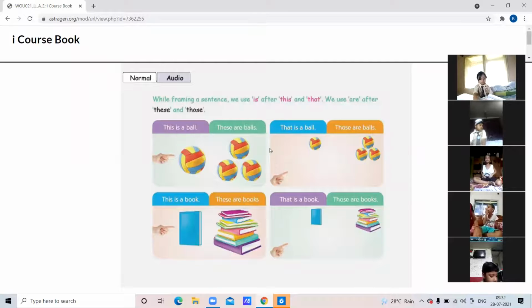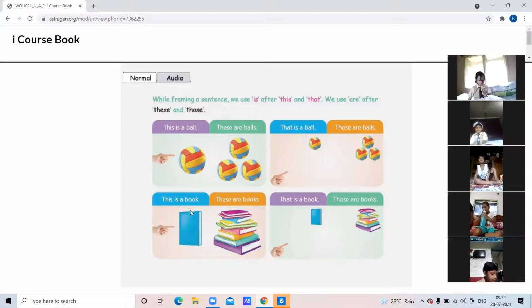These are balls. This is the ball. That is the ball. Those are balls. Okay, balls are many. So what will you say? Those are balls. This is a book.